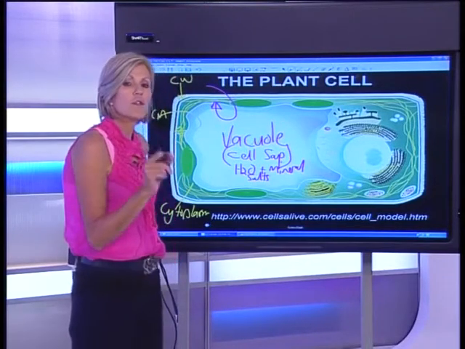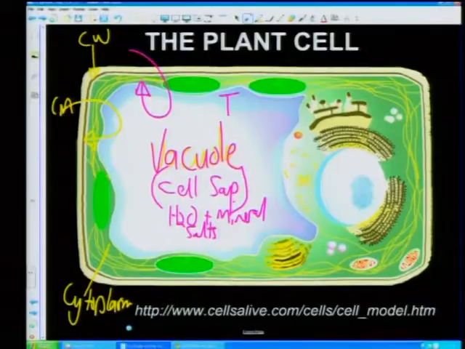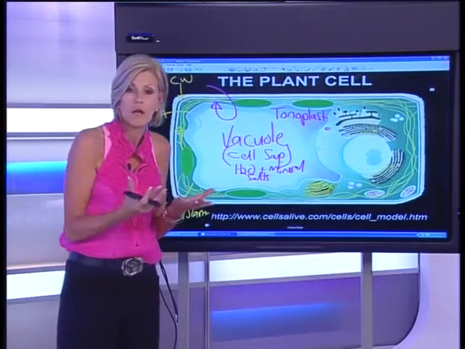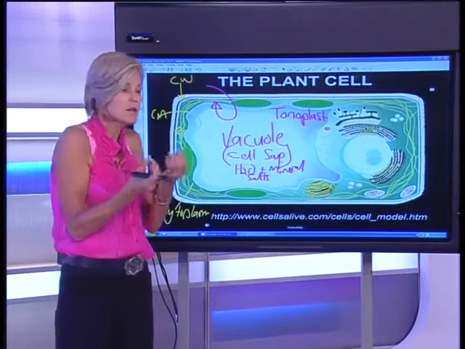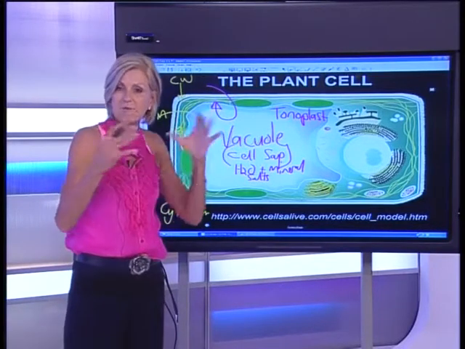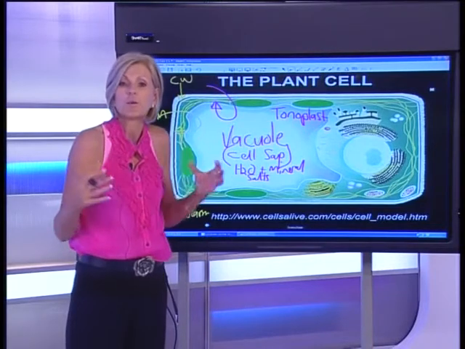And it's called the tonoplast. I'm going to write it here because it doesn't look too good on the black. The tonoplast. So the tonoplast is the membrane of the vacuole. And it's the vacuole that basically helps to make sure that this cell is full, that it's turgid, that it has support, and it helps with turgor pressure.